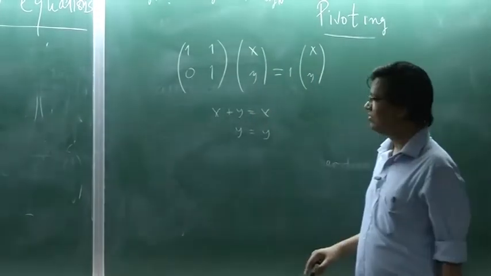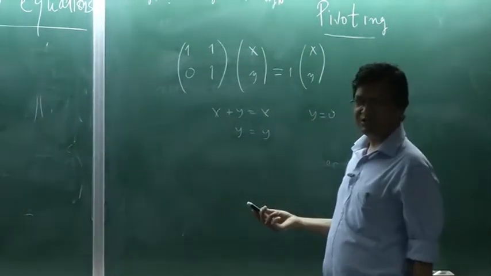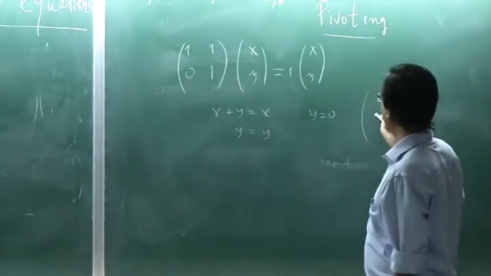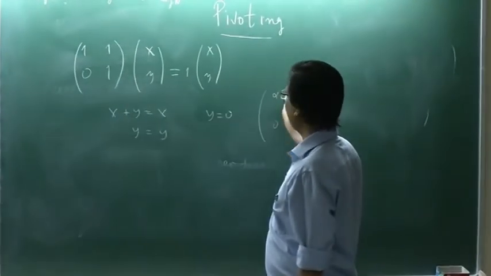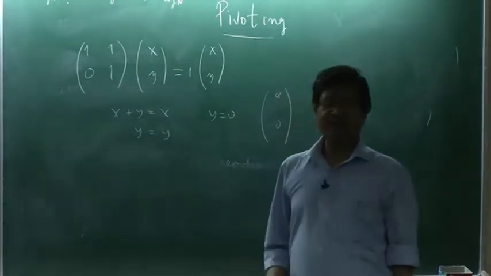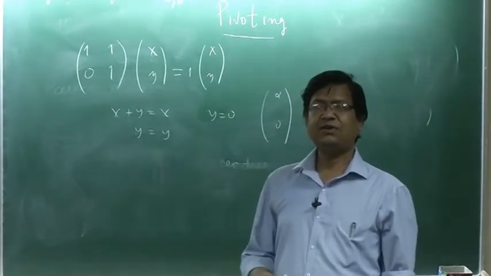What does it tell you? y equal to 0 and x can be anything. So the only eigenvector I get is alpha 0. There is only one eigenvector; it does not have 2 eigenvectors, only along the x axis.